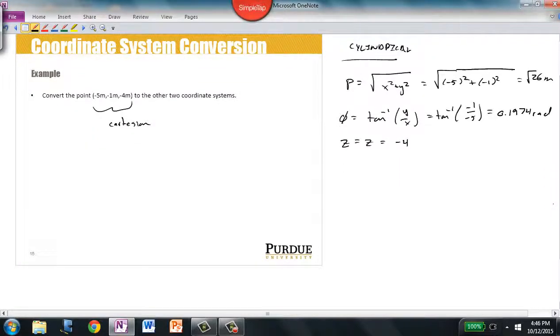So if we were to plot the x, y, z axis here, we had -5 in the x, right there. So that's this point. I guess I should extend this line.